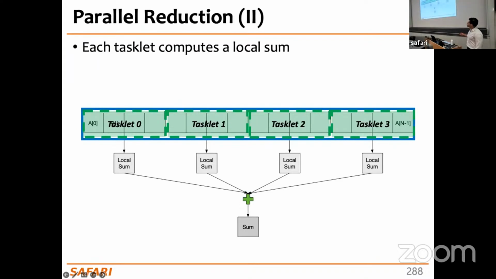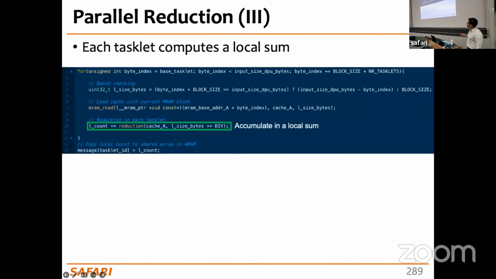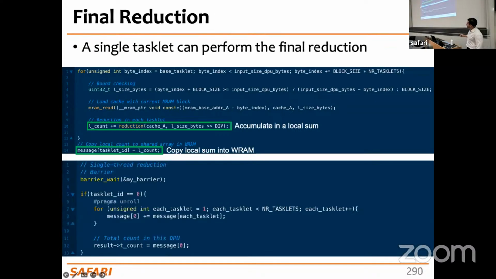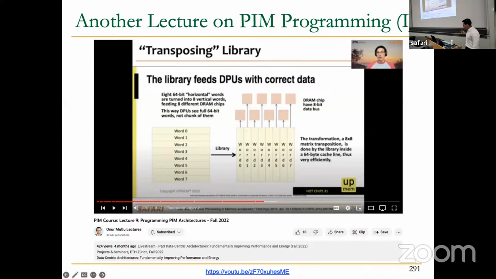You compute a local sum, but at some point you need to have one single tasklet computing the final sum. So basically here you have an accumulation variable, and once this computation is done, you move this accumulation variable and finalize the final sum in one given tasklet here.